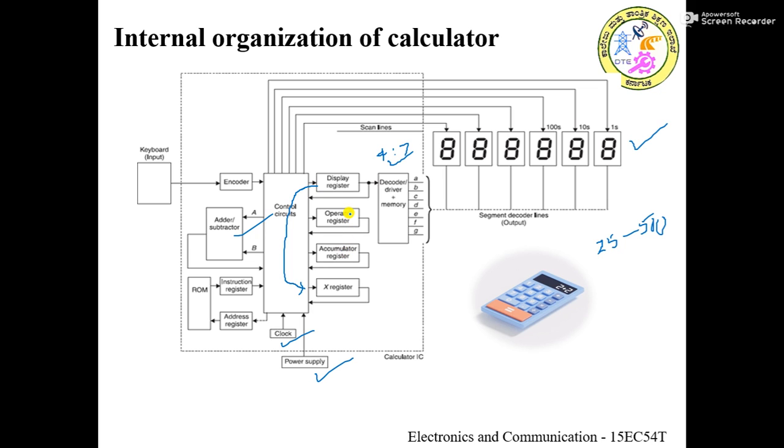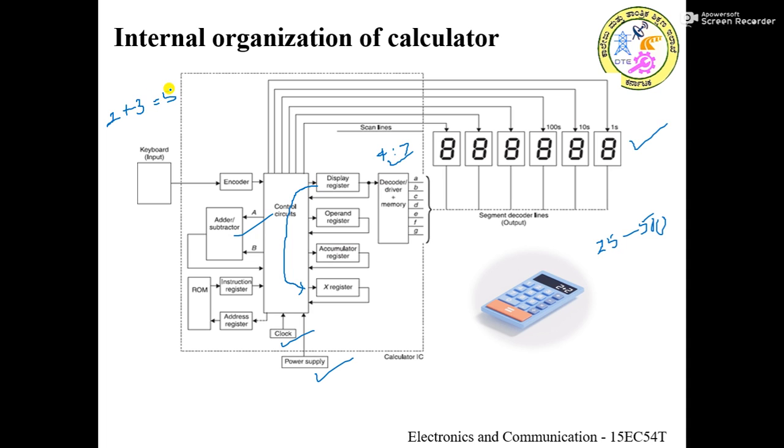Once the user enters a command like plus or minus, the control section has to recognize that command and execute certain stored programs, which are fixed programs in the ROM. Let's say the user has entered 2 plus 3; we expect the result to be 5.